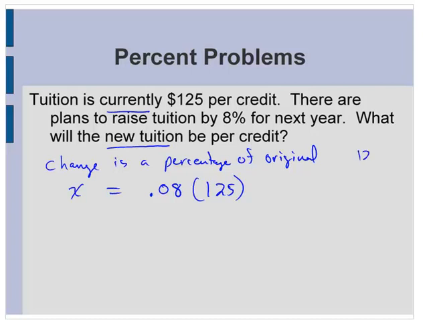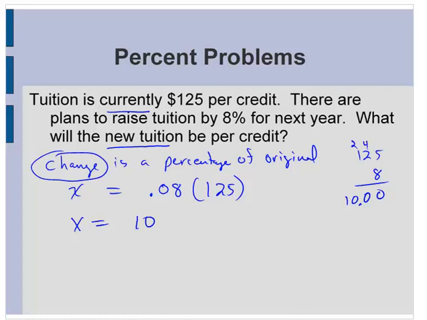So multiplying that out, 125 times 8 is 0, carrying a 4, 0, 16, 20, carrying the 2 is 10. And then let's see, I have two decimal places, so x would equal 10. But now that's the change.